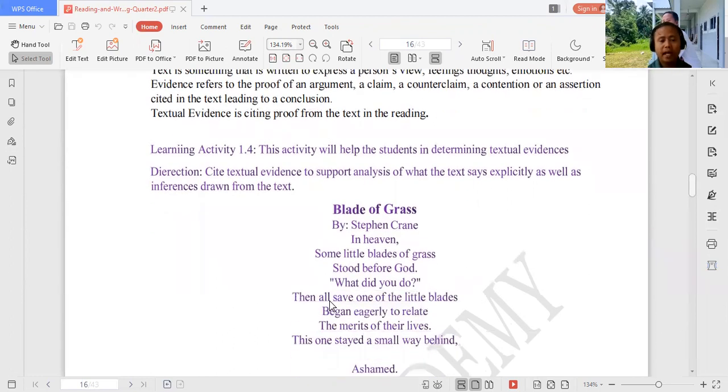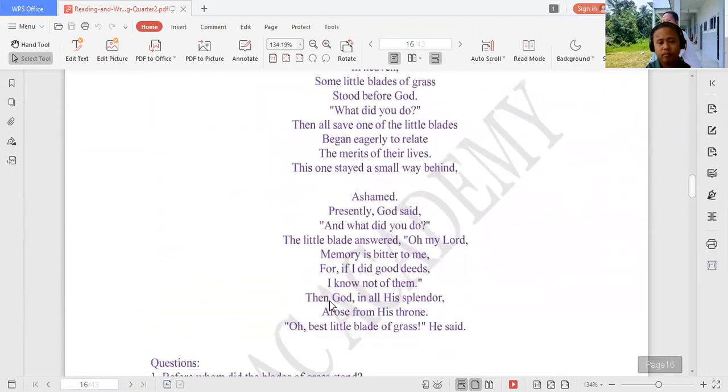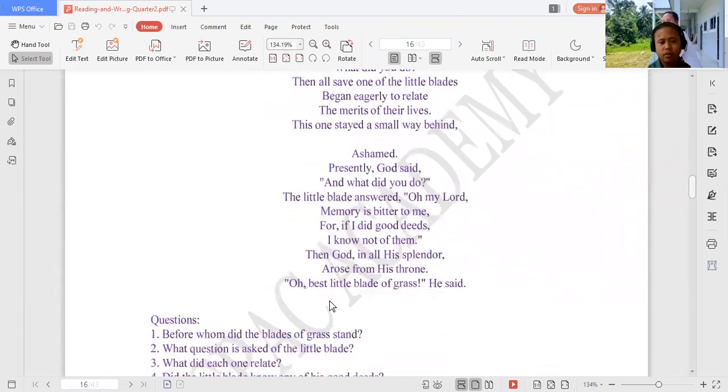Number one, Blade of Grass by Stephen Crane. In heaven, some little blades of grass stood before God. "What did you do?" Then all save one of the little blades began eagerly trilling the merits of their lives. This one stayed a small way behind, ashamed.